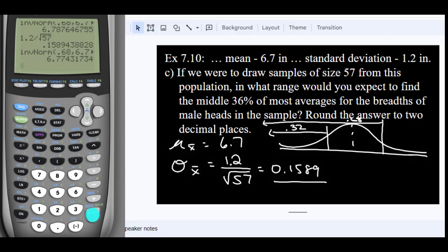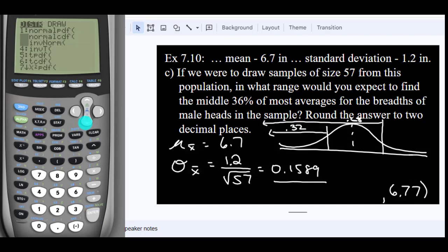So the upper boundary this time is 6.77. And then to do our lower boundary, second variables, inverse normal. And we're going to go 0.32, and the rest hasn't changed.